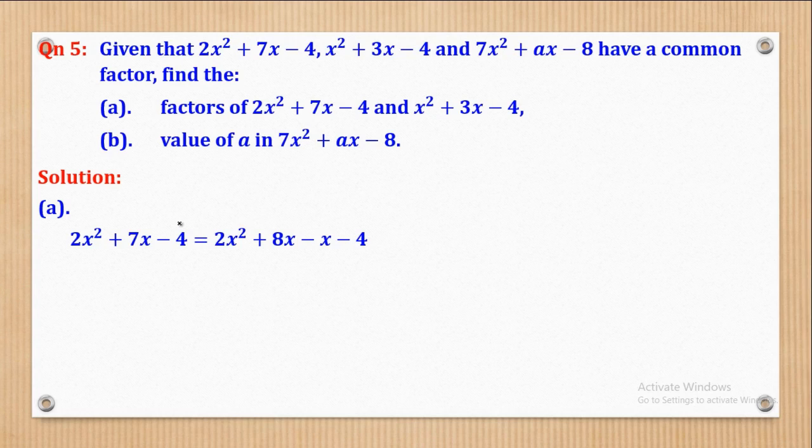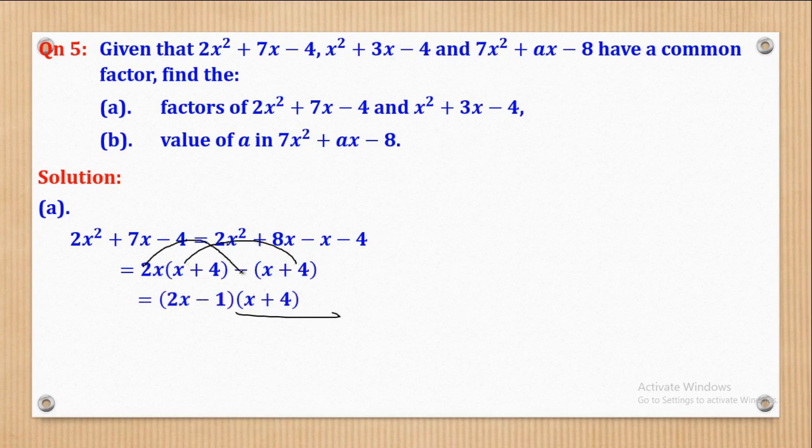The next is to factorize by grouping. So factorizing by grouping, these two I'll come up with this, and these two I'll come up with this. So this and this are common, so we put them out to remain with 2x minus 1, which is here. In that case, we shall have factorized. Then for this one still, you look for two factors whose sum is positive 3 and product is negative 4.